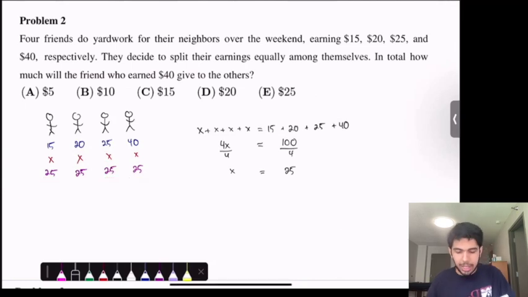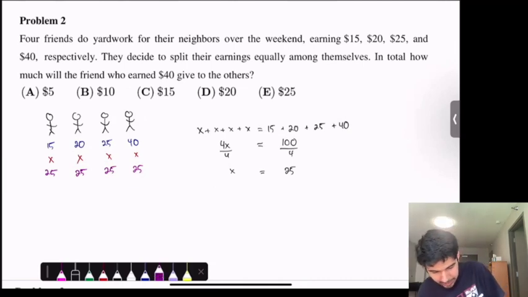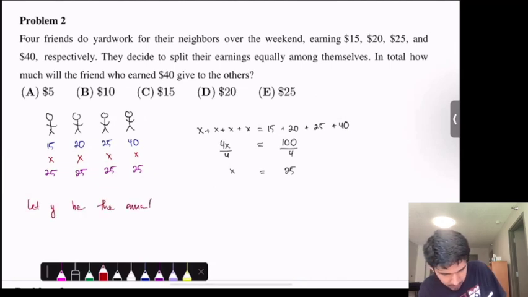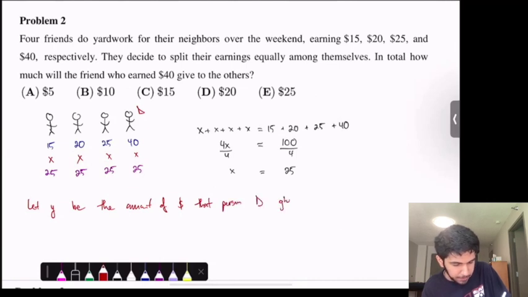So now we consider this person who started with $40. They have to give away some of their money to reach this 25. How much money do they have to give away? Well, that's an unknown quantity, and so we're going to solve for it. So we'll let y be the amount of money that, I'll just call this person D, that person D gives away.